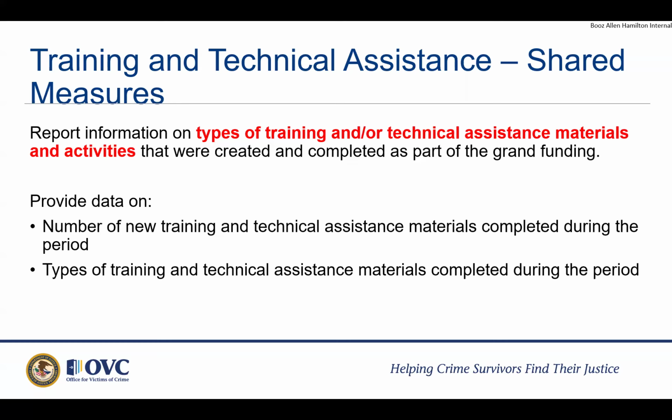So this set of questions ask about TA activities that occurred during the reporting period that were again part of the grant funding. So you'll provide data on the number of new TTA materials completed during the period, as well as the types of materials completed during the period.